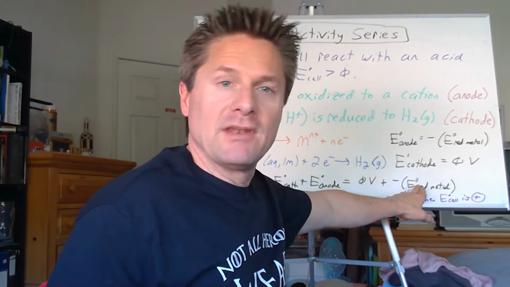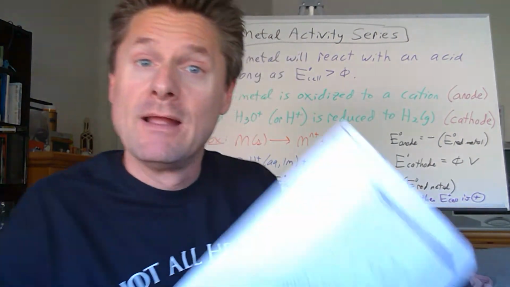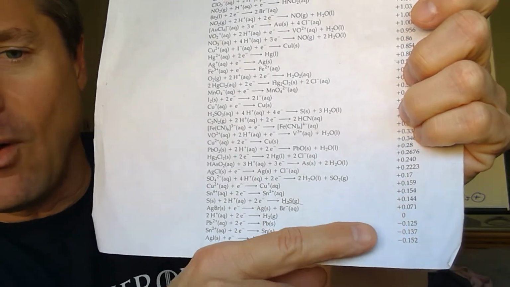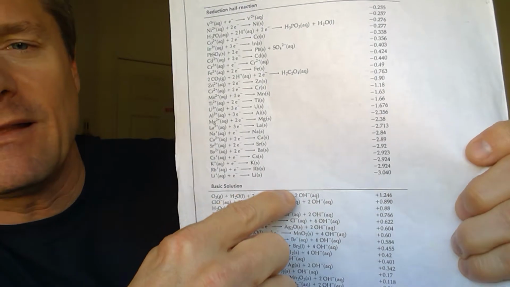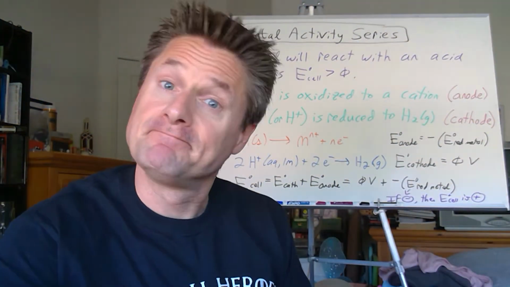So if I put lead or tin in acid, the lead would oxidize to +2, the tin would oxidize to +2, because you take those negative values, plug them in, and the negative times the negative gives you a positive E cell. So any metal below hydrogen, below that zero line, anything that's a solid metal, that'll oxidize in acid.